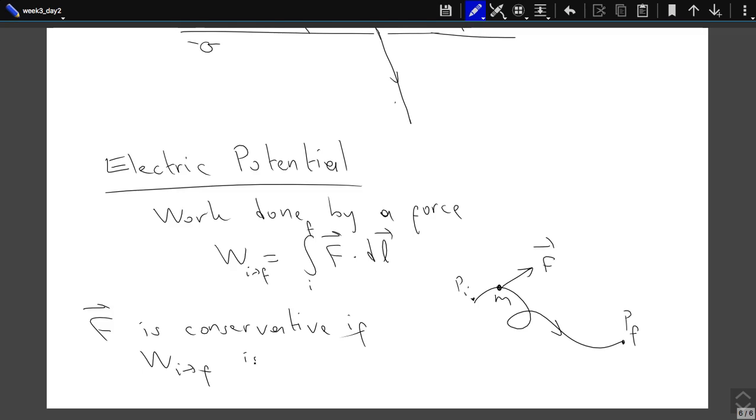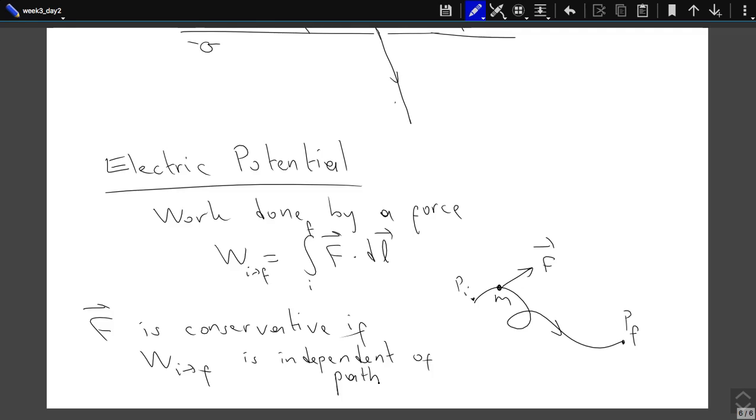So if you take an object from some initial point to the final point, and the work done by that force doesn't depend on how you go from the initial to the final point, that is a conservative force.